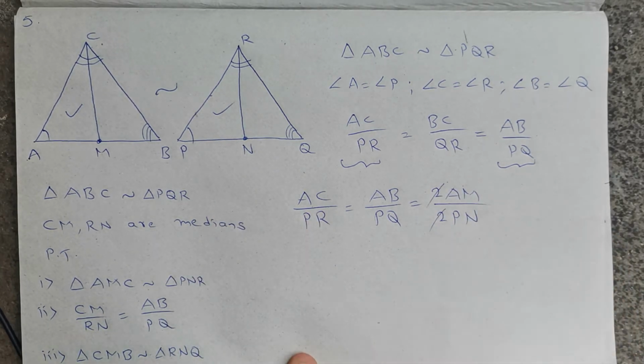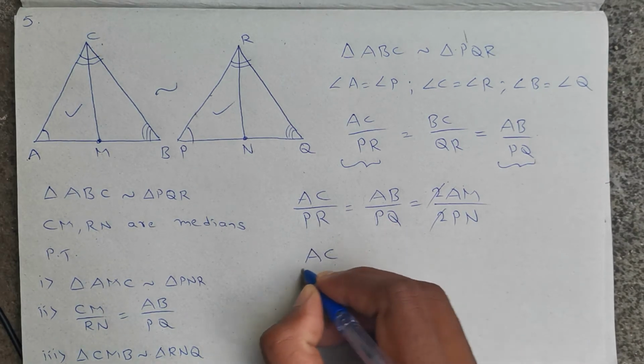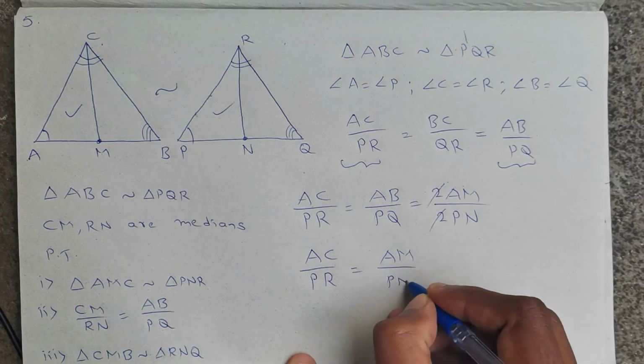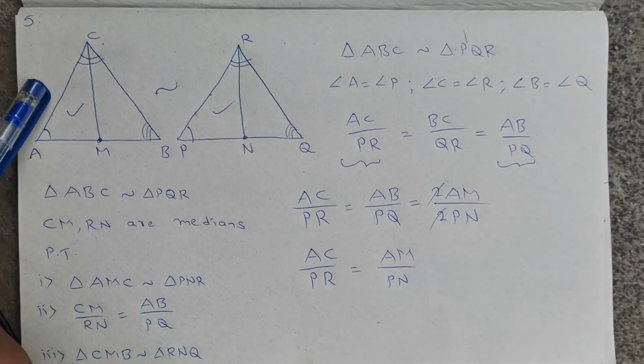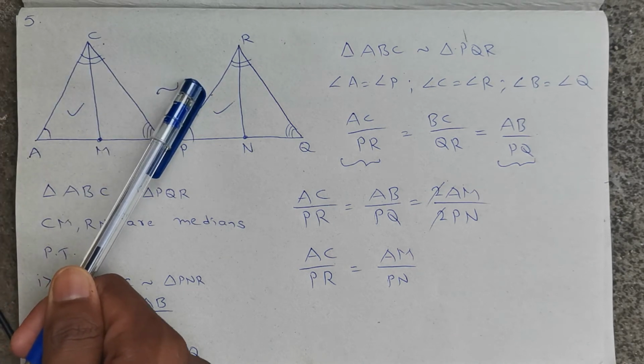Here 2 will get cancelled. Now from these two we can conclude AC by PR is equal to AM by PN. AC by PR, left side by left side, is equal to AM by PN.